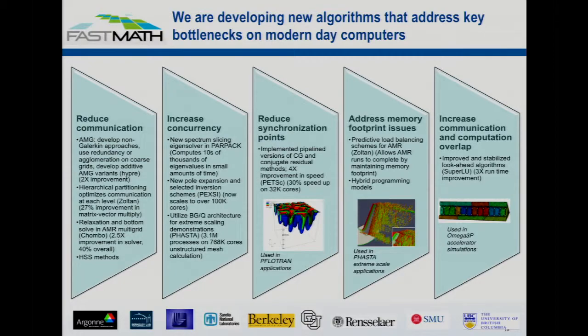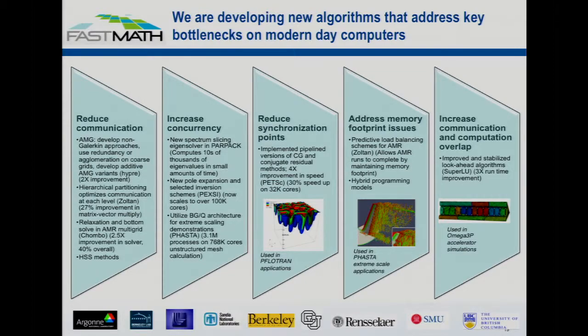For example, in eigensystem solvers, we are looking at developing new algorithms that have increased concurrency and allow you to solve for tens of thousands of eigenvalues, eigenpairs concurrently, whereas before you couldn't do that using things like spectrum slicing type methods.